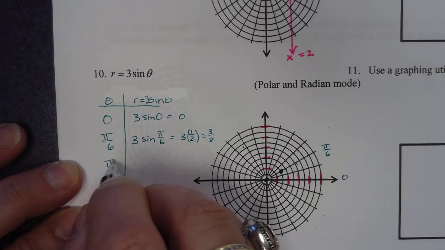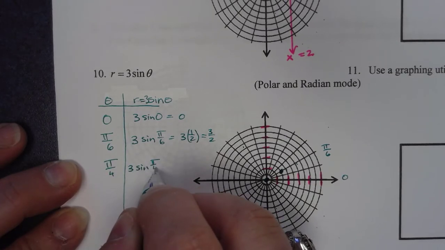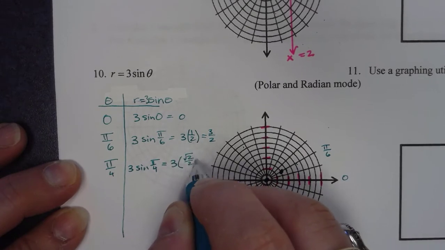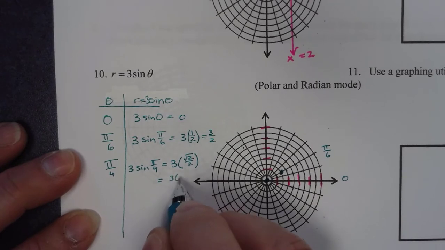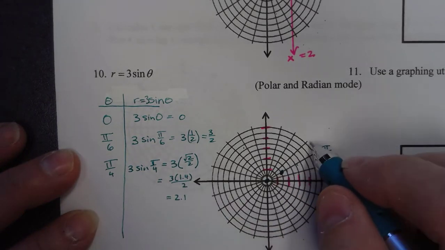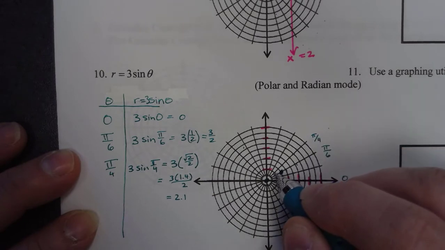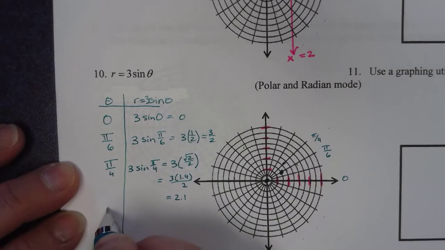Let's try pi over 4. 3 times the sine of pi over 4, which is 3 times the square root of 2 over 2. All right, that is 3 times about 1.4 over 2. That's 4.2 over 2, about 2.1. Okay, so at pi over 4, I am at 2.1. So there's 1, 2, and a little past it. You know what? Let's see it.